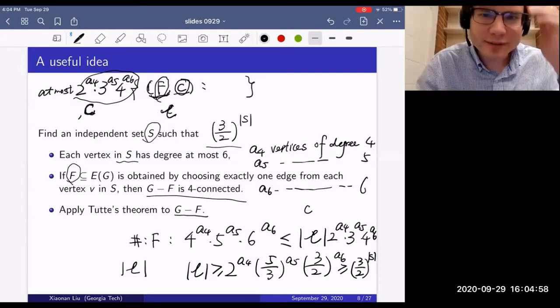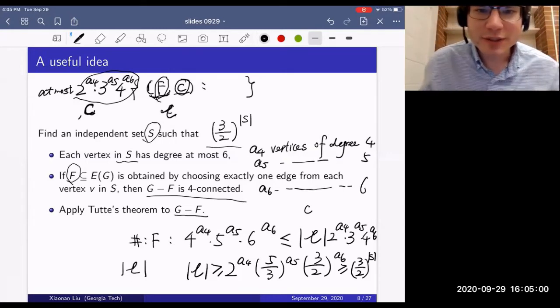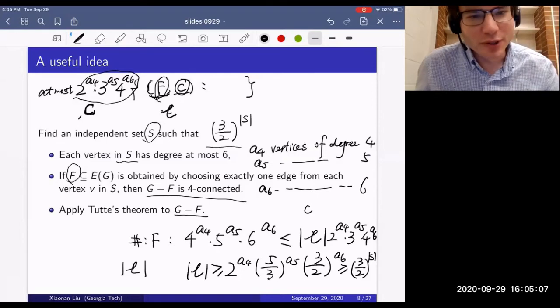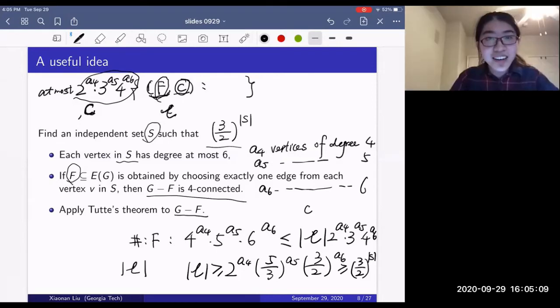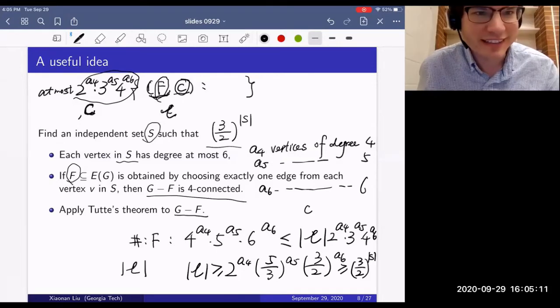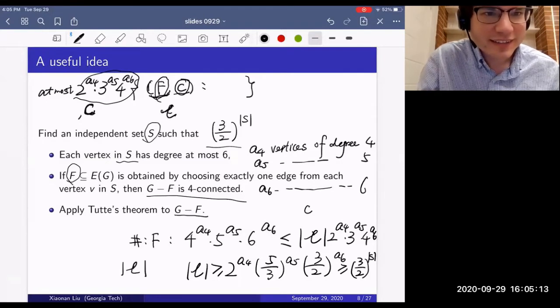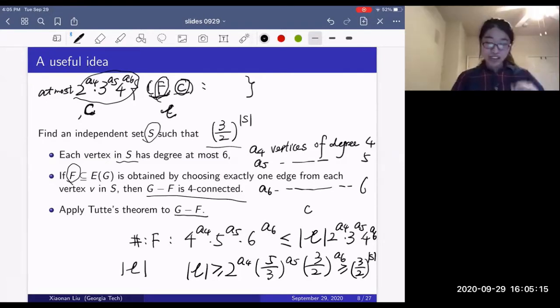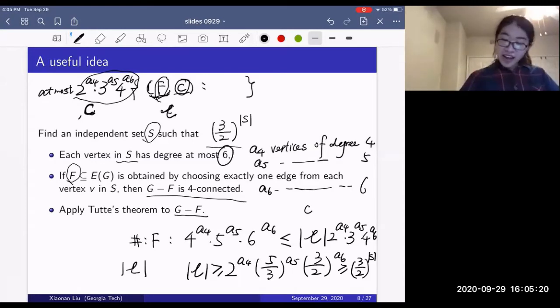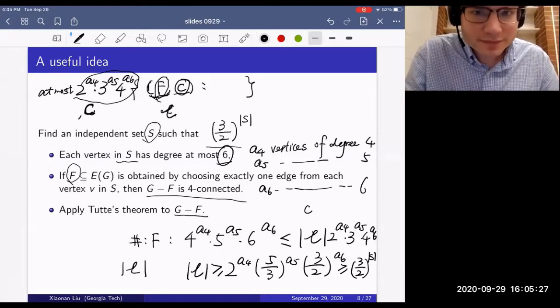May I ask a quick question? If you just want a lower bound that is exponential in the size of S, then the number 6 is not essential. If you get each vertex to have degree at most 100, where 100 is a constant, you would still get an exponential lower bound, right? Yes, we can improve this degree. But if the degree is very small, it's very useful for the later proof, so we just choose a small number here.